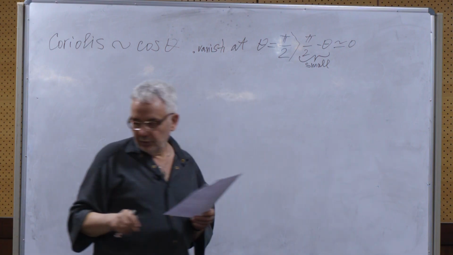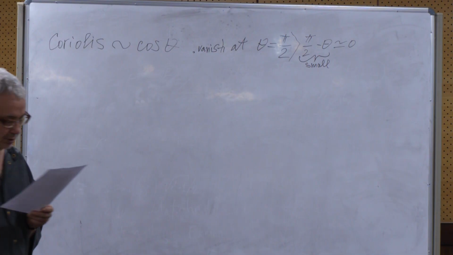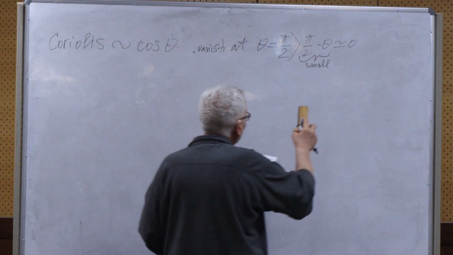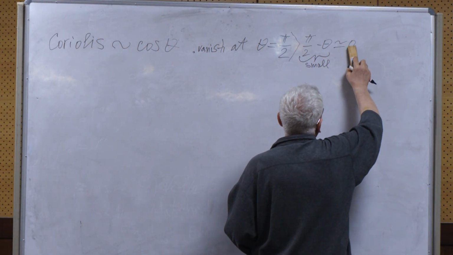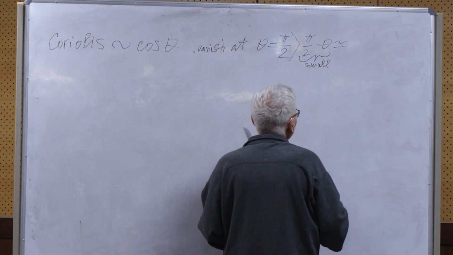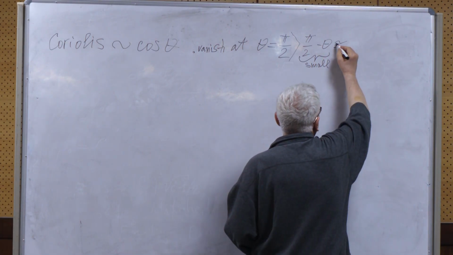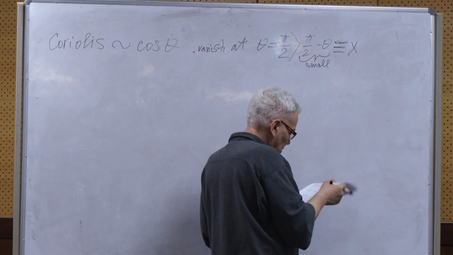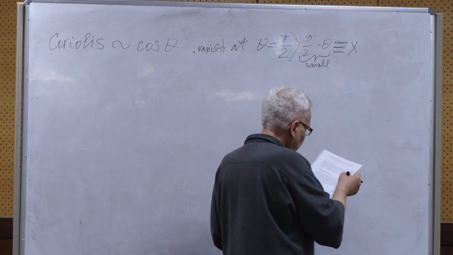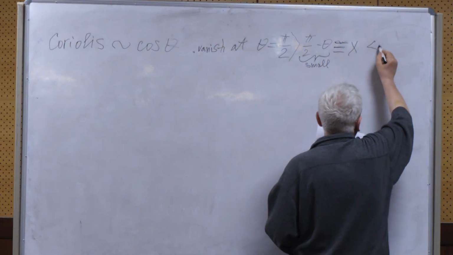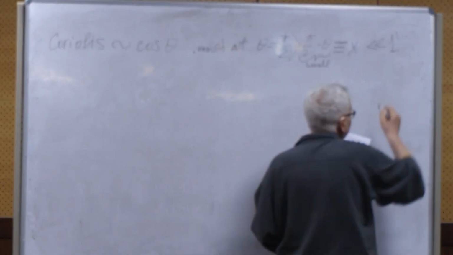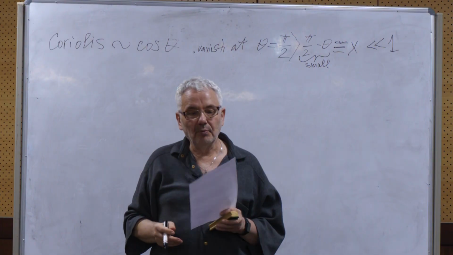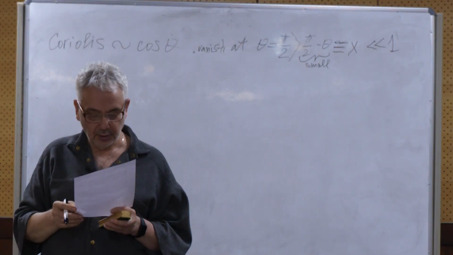Or maybe even better to write down this relation, we mark it, let's define it like x, and in our case it's much less than 1. So we are staying in this combined boundary and shear layer.